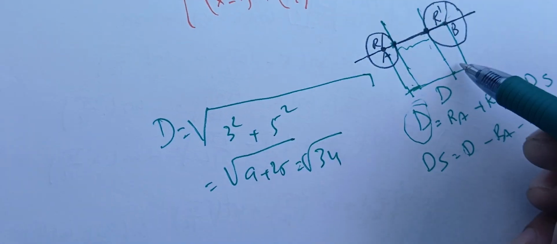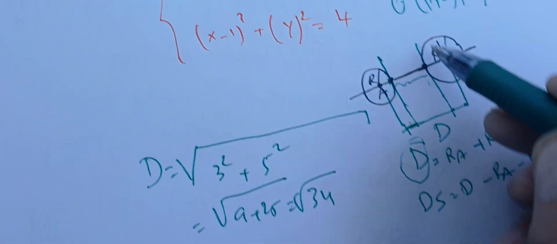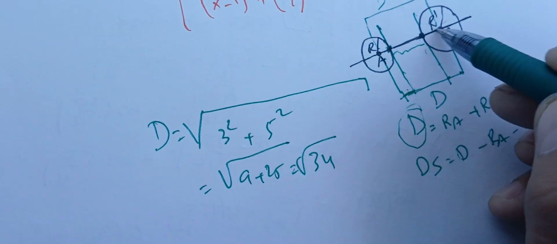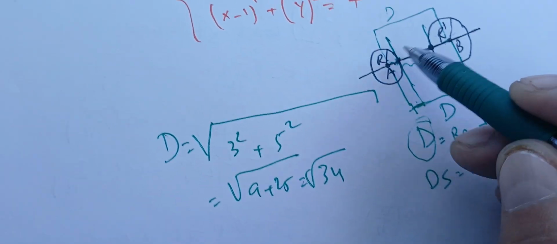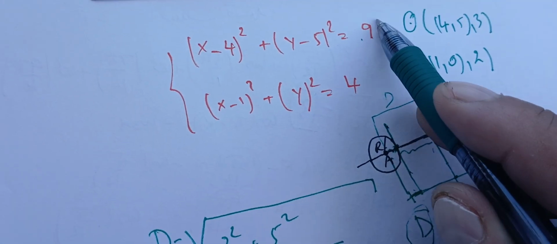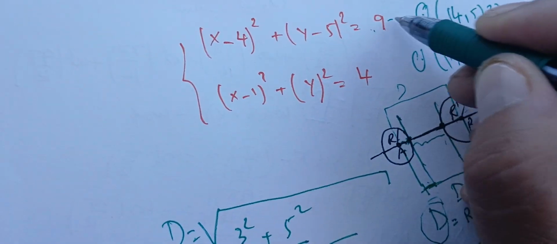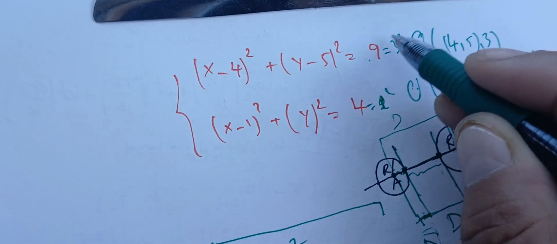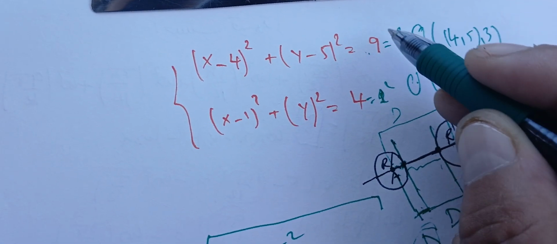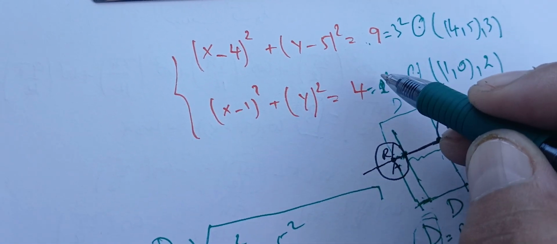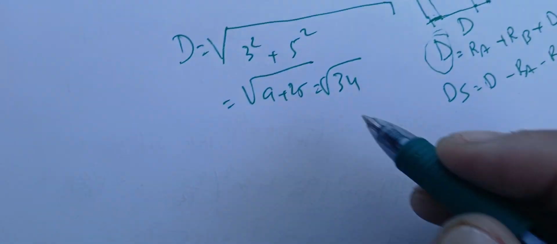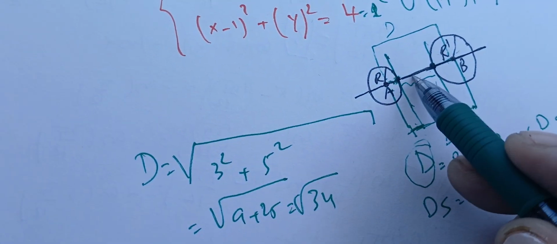So we know D. Now we know the radius of the first circle is 3 and the radius of the second circle is 2. Using this formula, we can find the distance between the two circles.